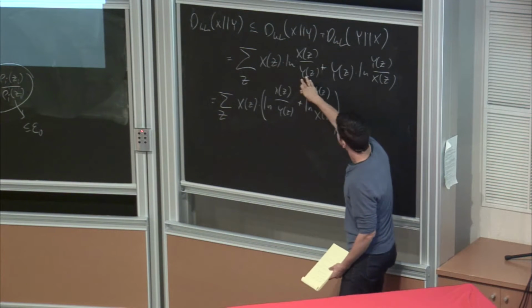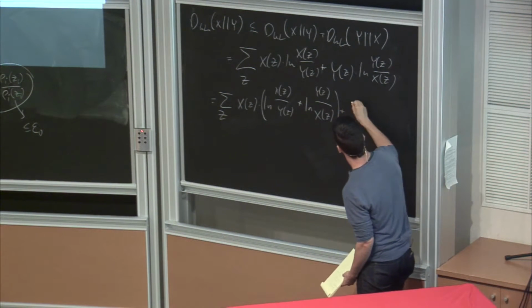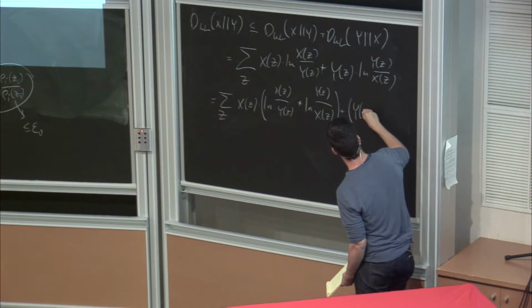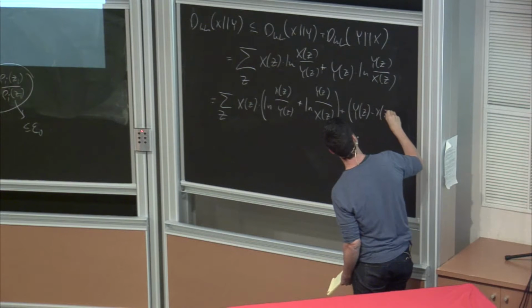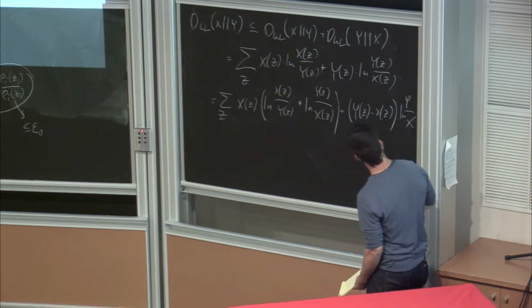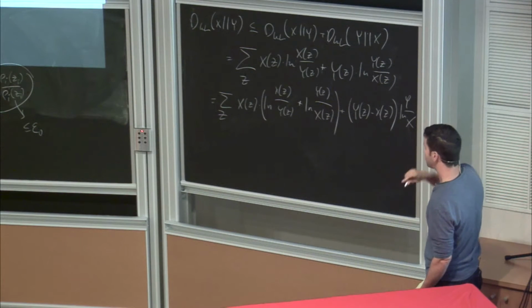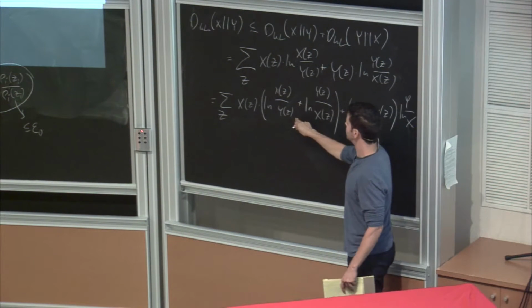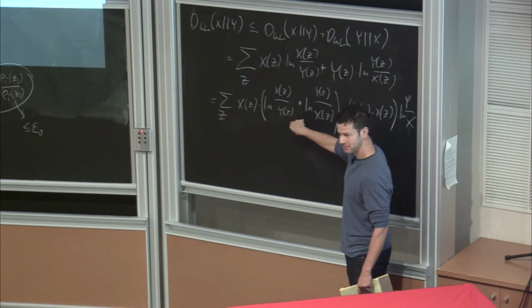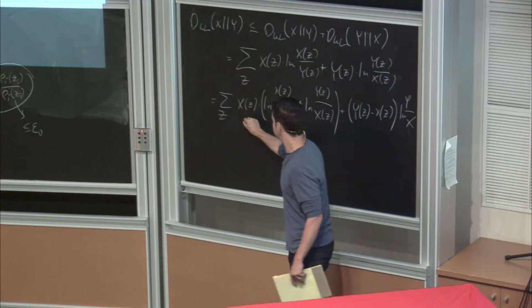So I'm adding that here, and I'll need to subtract it in the second term. So this quantity, log of y of z over x of z, I need to subtract in the second term. Okay, so that's very nice. I added and subtracted, this sum is equal to 0. So we can just cross this out.